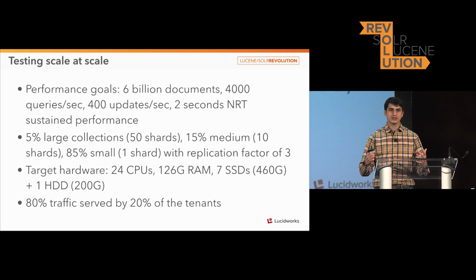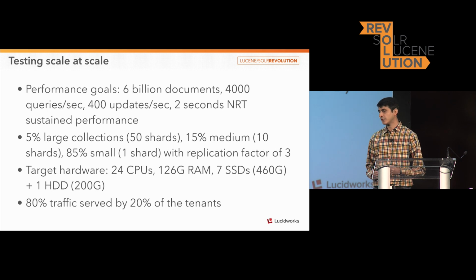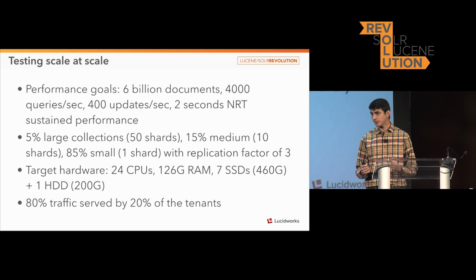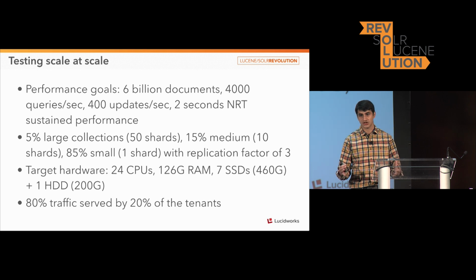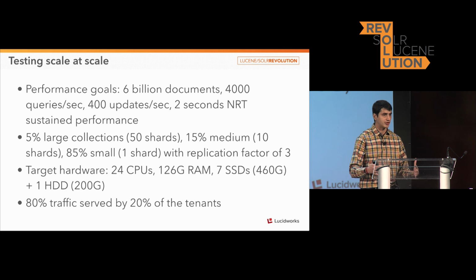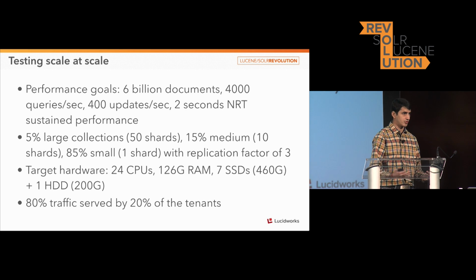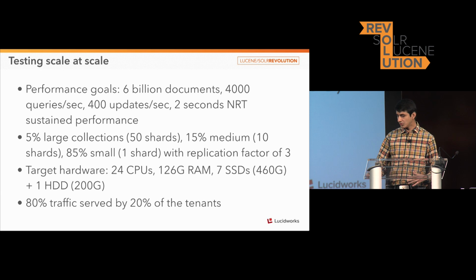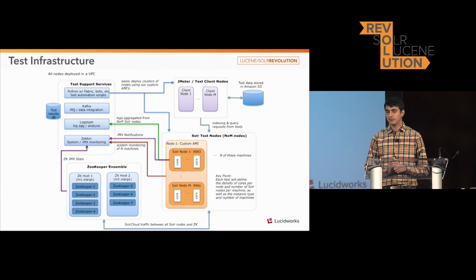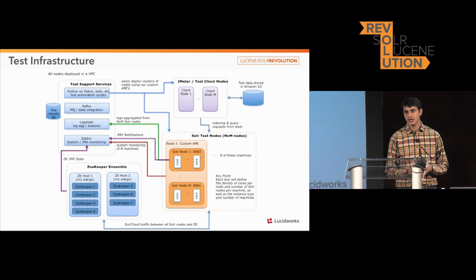The traffic distribution was going to be such that 80% of the traffic was served by 20% of the tenants. So obviously there are some large tenants which have a lot more documents and serve a lot more requests. These were the goals that we started with.